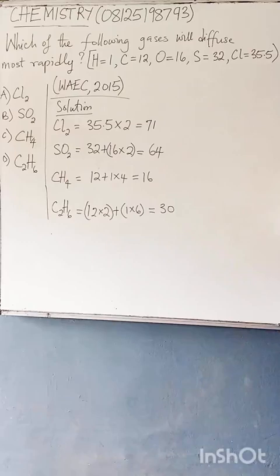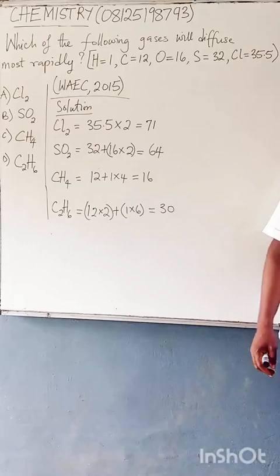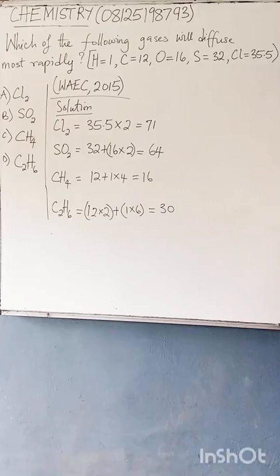Do you understand? What phenomenon is illustrated by the movement of the particles of the perfume? Diffusion. So what is diffusion? Diffusion is the movement of particles, especially gas particles, from a region of high concentration, that's where they are plenty, to a region of low concentration, that's where they are few.